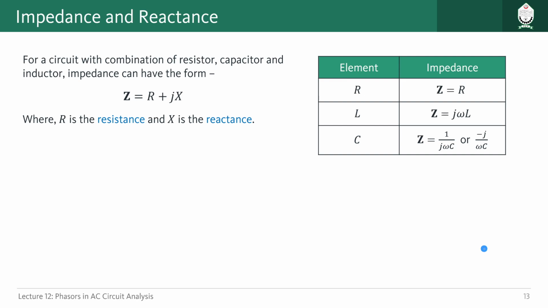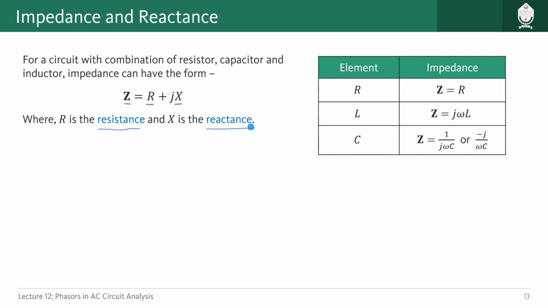For those cases, we can represent the total impedance as R plus jX. This is the real portion and this is the imaginary portion. The real portion is the resistance, obviously, and the imaginary portion is called reactance. It can be because of an inductor, because of a capacitor, or because of both.